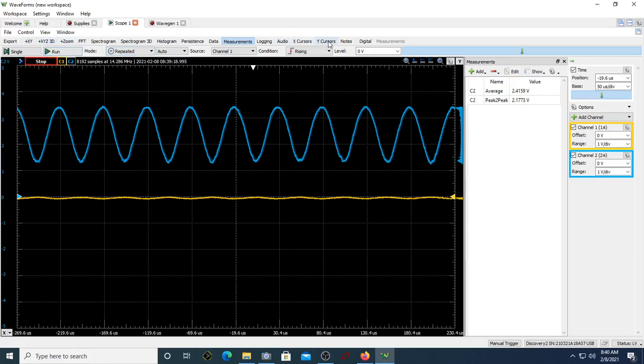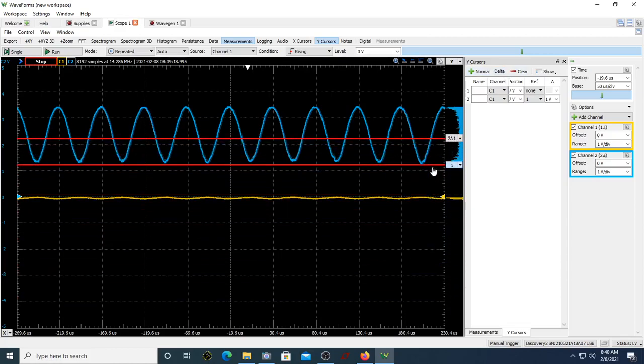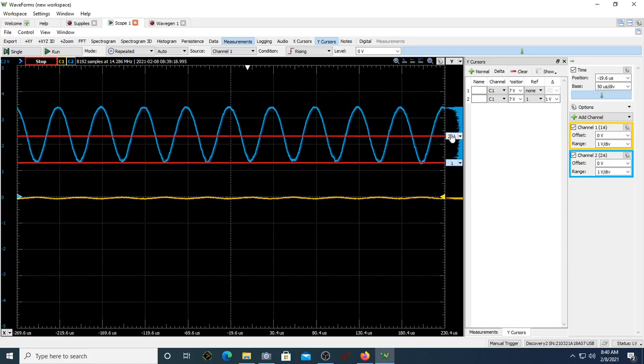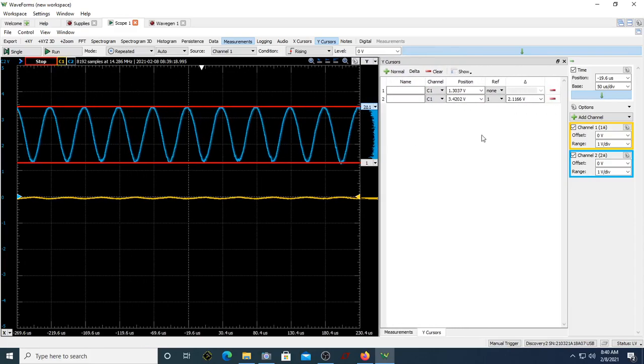You can also use the Y cursors. You can place two Y cursors, one at normal, one delta. You can take these two cursors, and you can see it slightly varies from cycle to cycle. It is approximately fine. If you note down that value, you can see it is 2.16. So delta is 2.16. This is the difference.